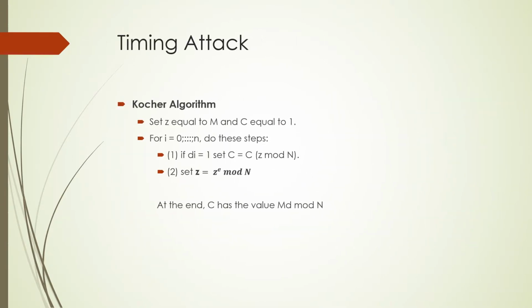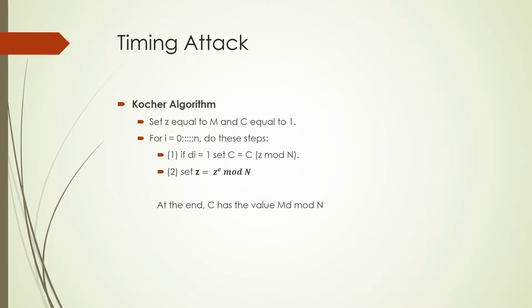Lastly, I'm going to talk about the timing attack. Below you can see the Kocher algorithm, which sets z equal to your message value m and then c to 1.